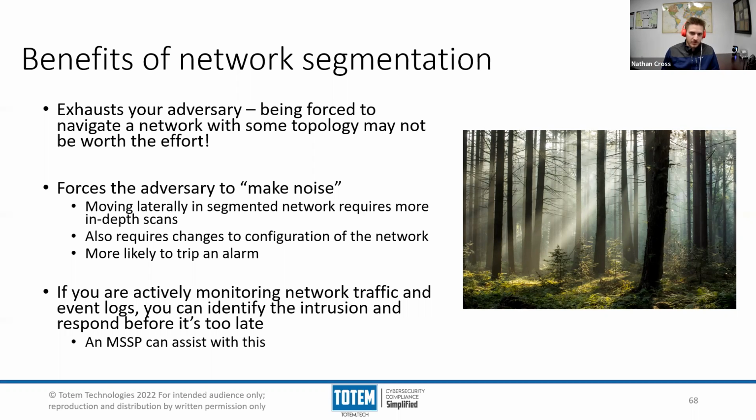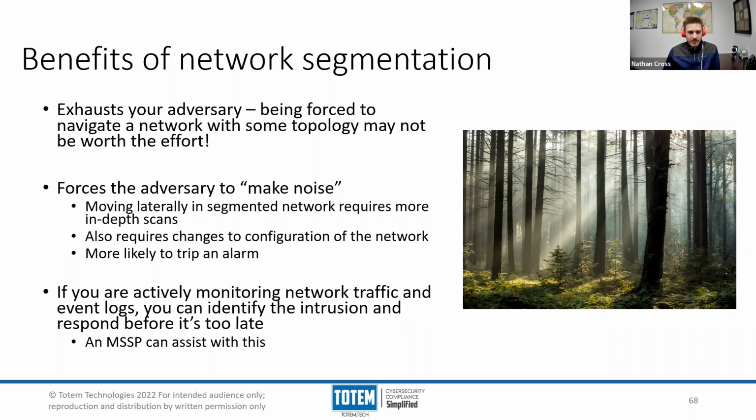We want to be able to respond to an incident. We want to be able to gather all the information that we need. And so we want to see these two controls working together. This network monitoring capability is something that you can actually outsource to a managed security service provider, or MSSP, where they will take what is known as a security incident and event management tool and use that to monitor your network and report to you when suspicious activity is taking place, or when they notice potential indicators of compromise.